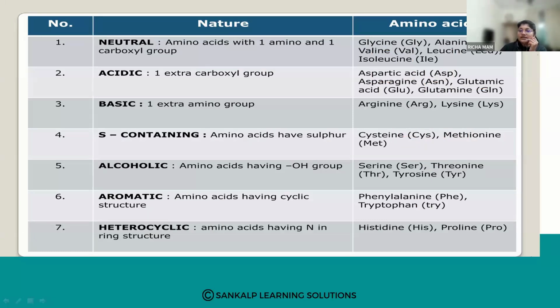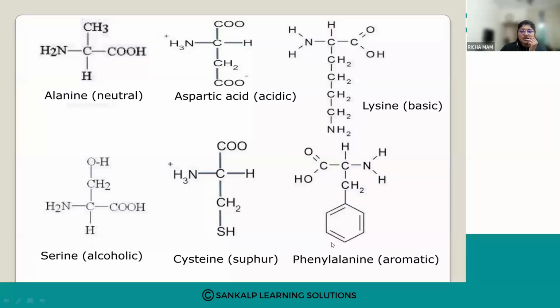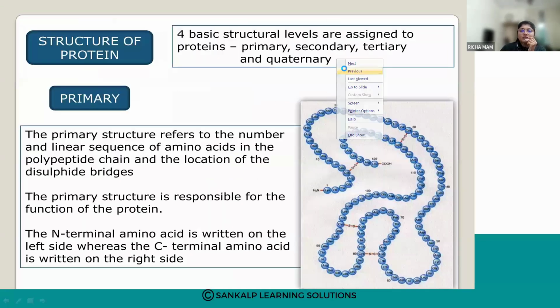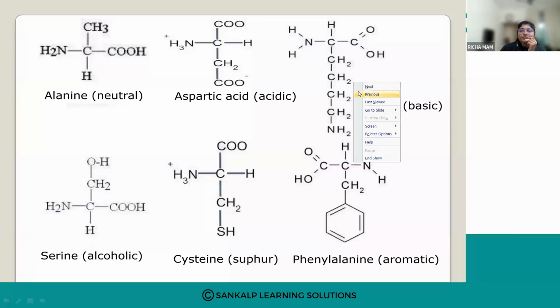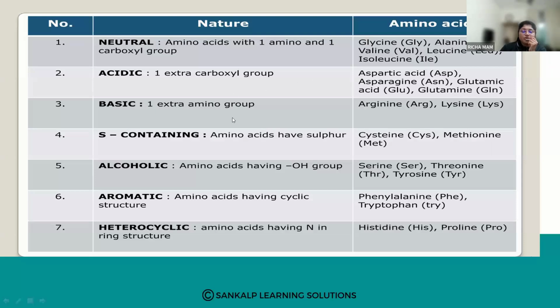Please, in the textbook, you can find the structures of these 20 amino acids, so go through the structures of all of them. Let me tell you which are the amino acids.